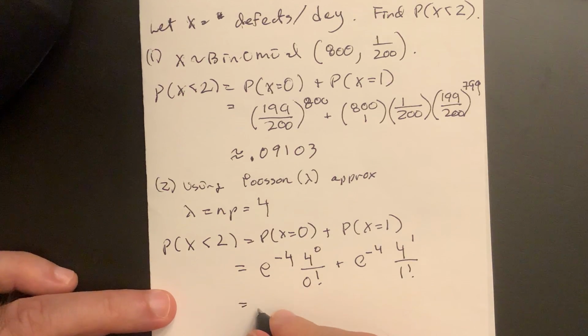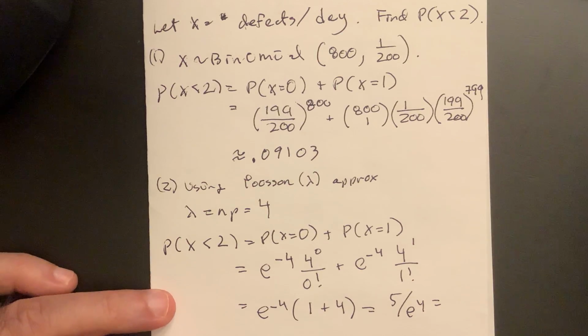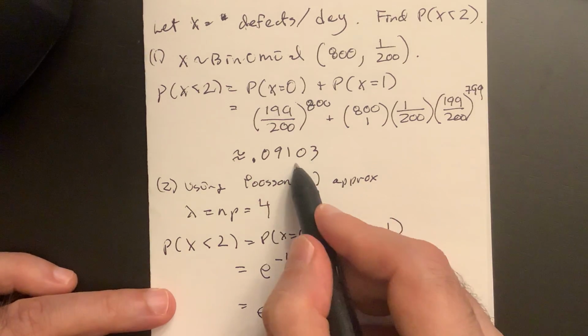This is equal to e to the minus 4, of course, we can factor, and I have 1 plus 4, which is equal to 5 over e to the 4th, which is equal to 0.091558.